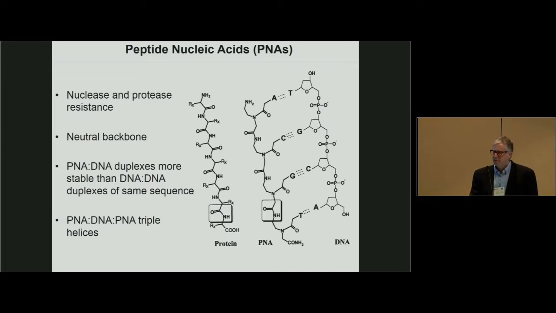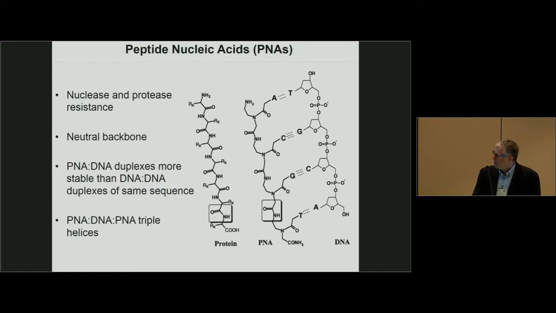So after surveying a lot of analogs, and actually I did some work early on with Mano, who's going to be giving a talk later, but also in collaboration with Michael Egholm and Peter Nielsen, and more recently with Dan Ly at Carnegie Mellon, we focused on peptide nucleic acids, which feature nucleobases positioned to bind to DNA by Watson-Crick, and it turns out they can also form triplexes.